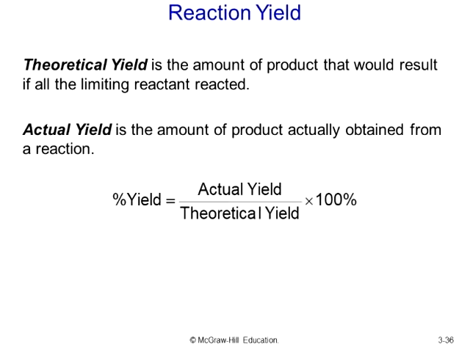A very important concept in any research laboratory or in production is the reaction yield. Theoretical yield is the amount of product that would result if all the limiting reactant were used up. If all the limiting reactant were reacted, that would be your theoretical yield. The actual yield is the amount of product actually obtained from a reaction.